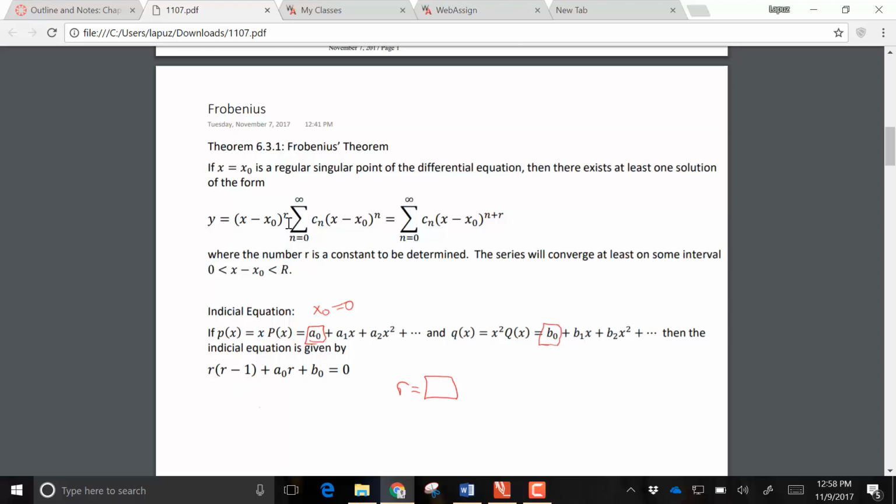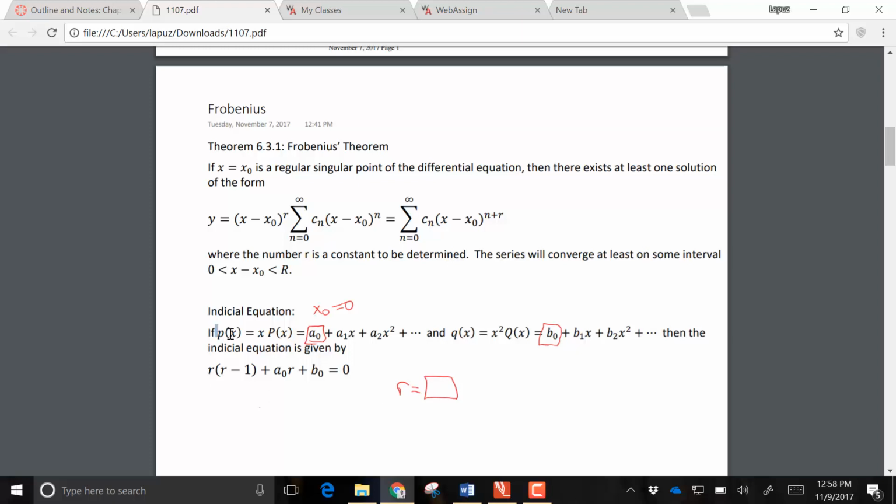And once you find that value of r, you can write your equation in this form. Now, this form is not really that helpful for us because this form kind of depends on what r is equal to. And so we're going to find out how to break that up into different scenarios of r, whatever r might equal. So how do you find r?